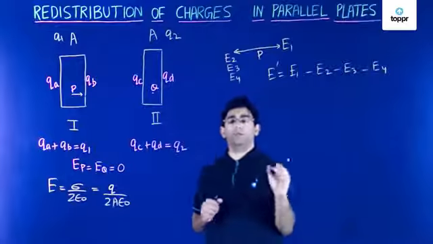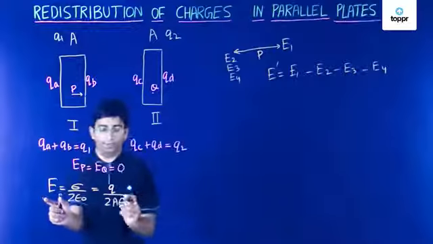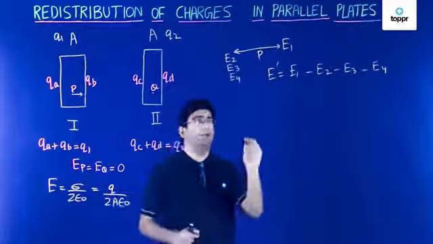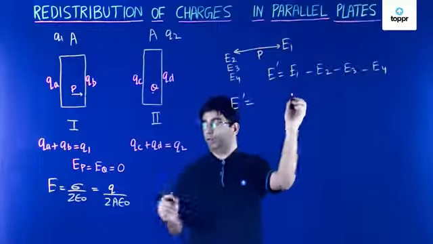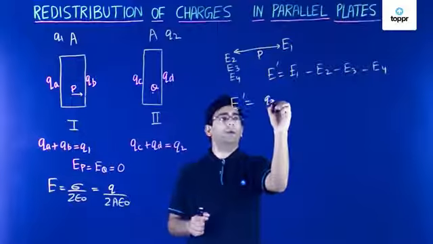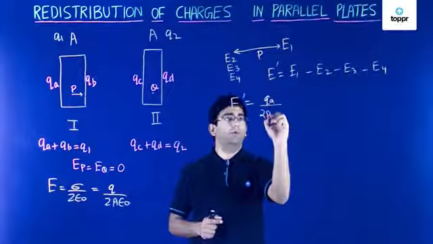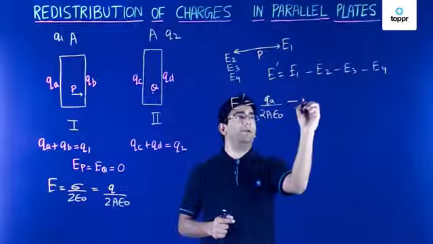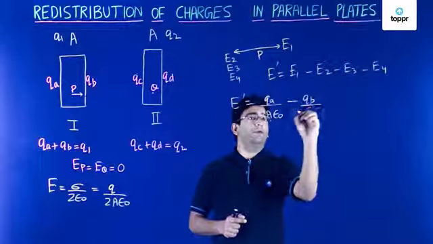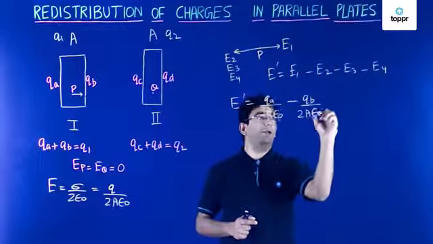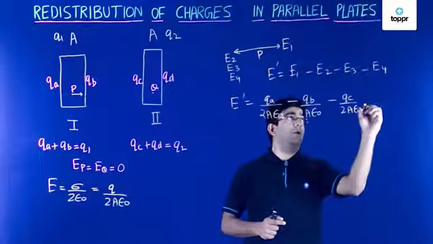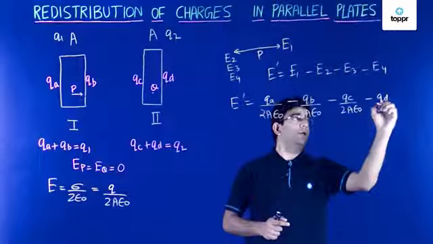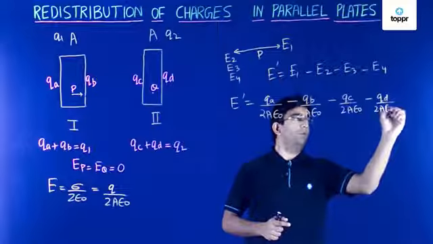Now if I use the expression for electric field, which is Q by 2A epsilon naught, E dash can be written as: E1 would be QA divided by 2A epsilon naught, minus QB divided by 2A epsilon naught, minus QC divided by 2A epsilon naught, and finally minus QD divided by 2A epsilon naught.